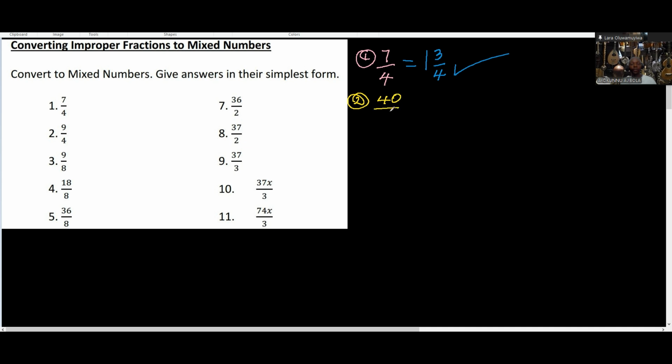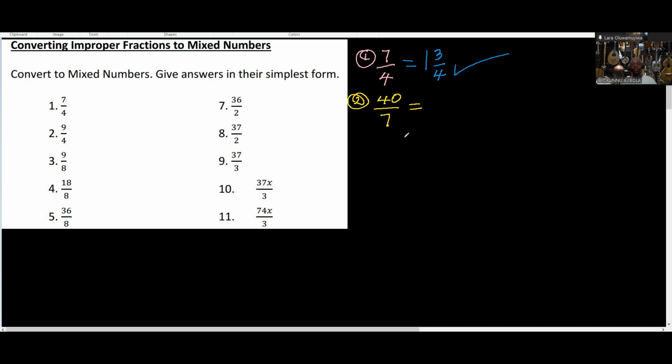40 over 7. So let's go into our 7 times table. 7 times 1, is it less than 40 or more than 40? That's less than 40. 7 times 2 is 14, less than 40. 7 times 3 is 21, less than 40. You can still go. 7 times 4 is 28, less than 40. 7 times 5 is 35, less than 40.